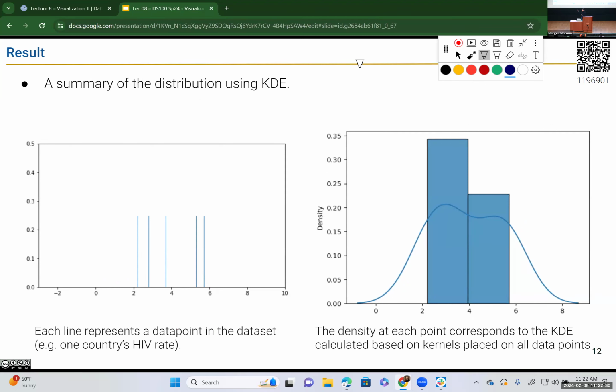So going from the data that we had and putting the kernel density estimate on top of the histogram, that's the plot that we get on the right-hand side. One thing you might want to notice is that there are bumps at the points where we have those two bars, and the higher bar has a higher peak right there. This is an indication that we are doing some kind of smoothing here.